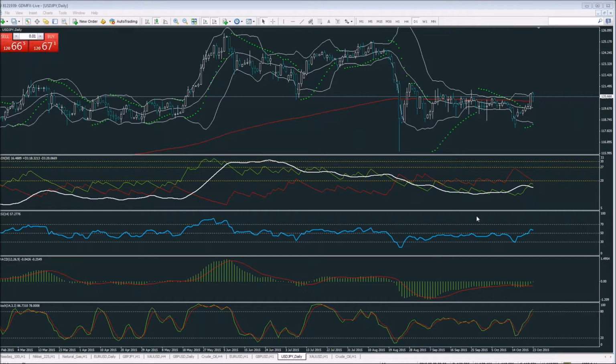To go a little bit deeper, we need to understand the Japanese yen, and that means we have to know every single detail about it. The yen, ladies and gentlemen, is the legally circulated Japanese currency.